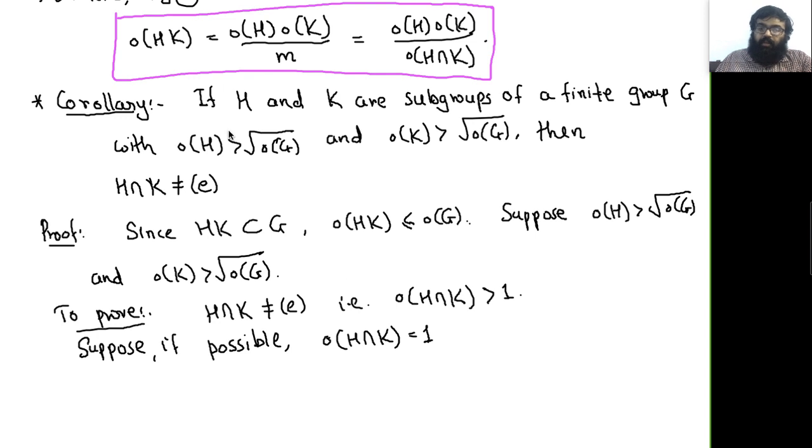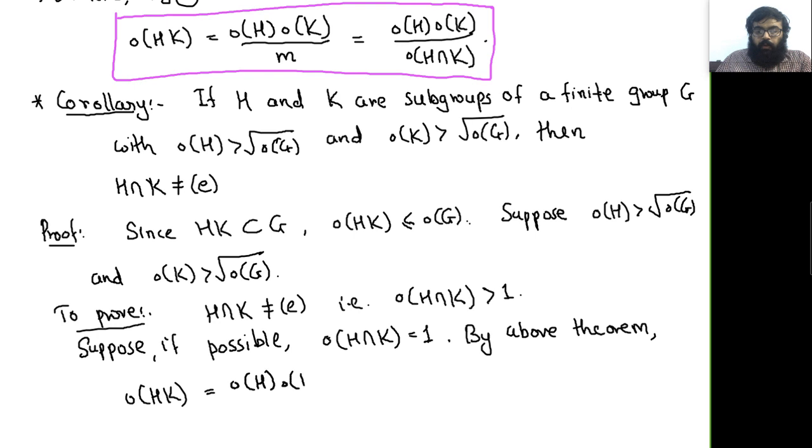So then by the above theorem, what can we say? Order of HK equals order of H times order of K upon order of H intersection K. This is the theorem which we have just proved.